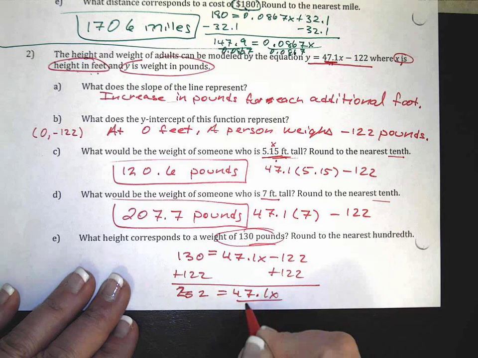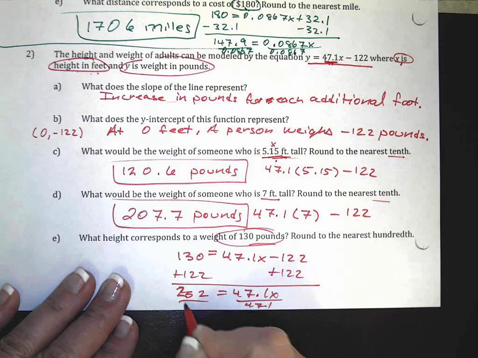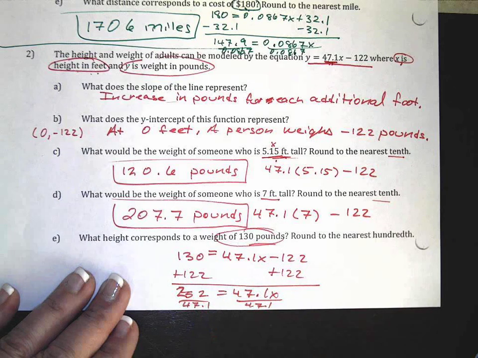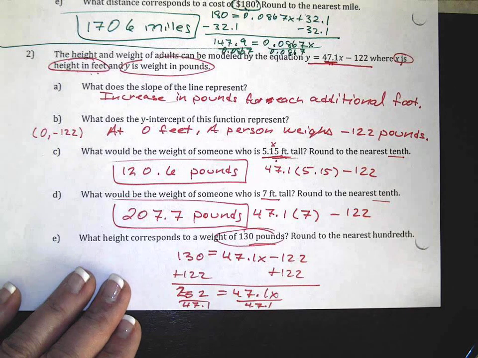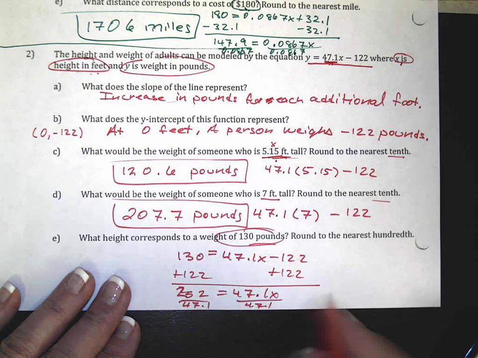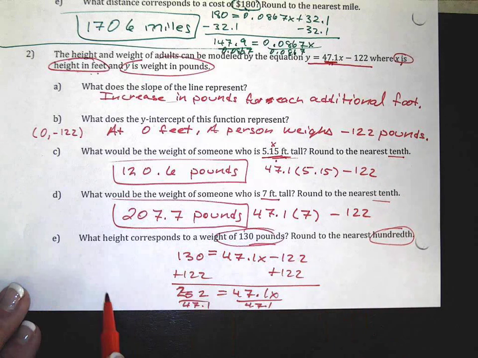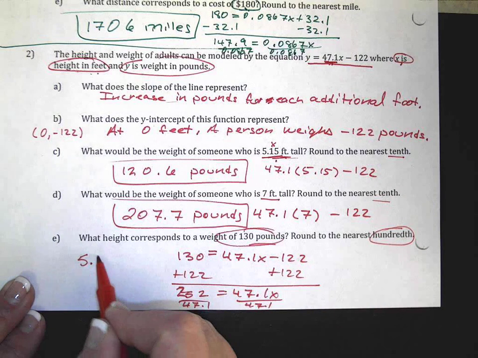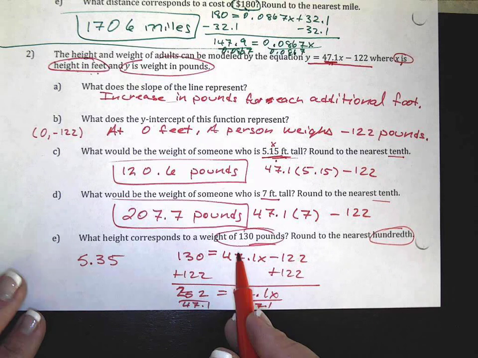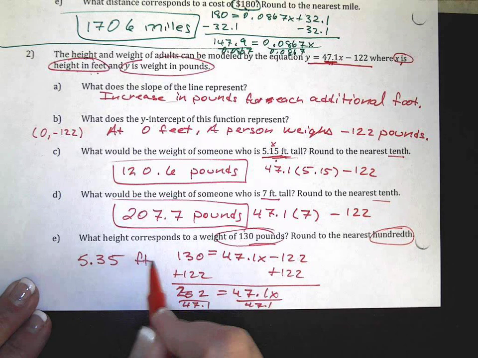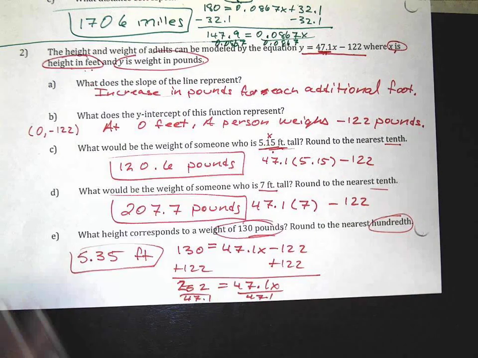And then divide by 47.1. This time they want us to round to the nearest hundredth. So rounded to the nearest hundredth, we have 5.35, and then make sure we put the correct label of feet for the height of this person.